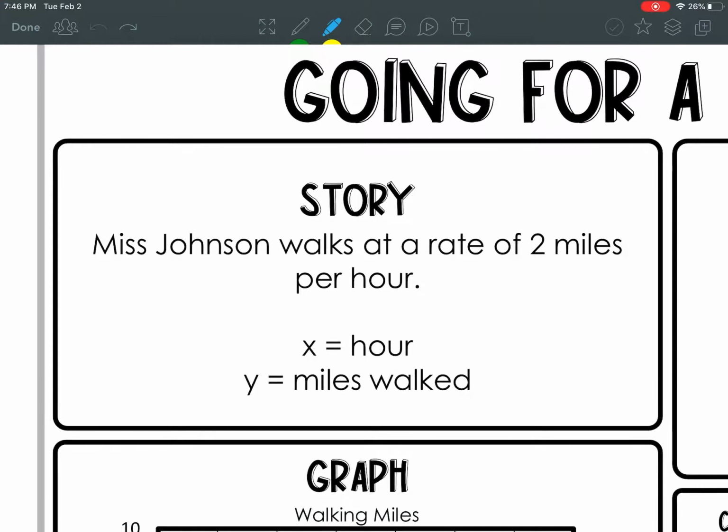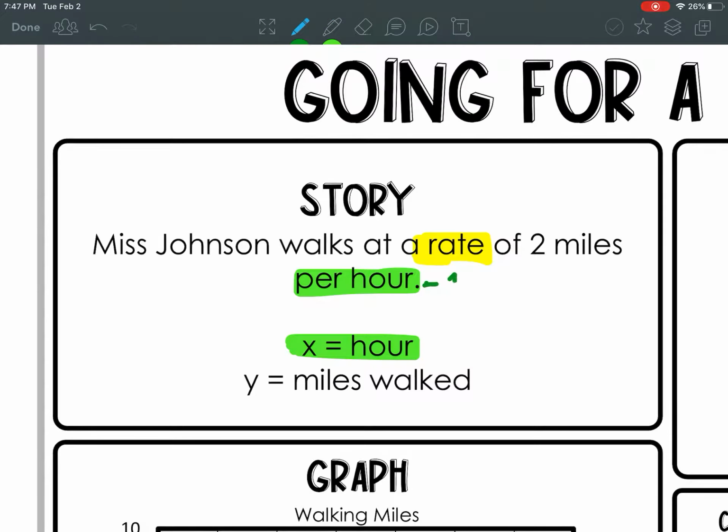Here is our story. Miss Johnson walks at a rate of 2 miles per hour. I'm going to highlight some things. Follow along with me here. So whenever we have a story problem, it's important to pull out important details. So we have a rate that we were told. Now notice down below here, I'm going to highlight in green, X is our hours.